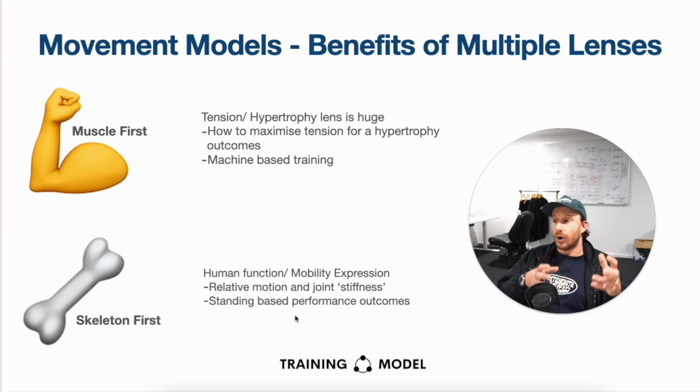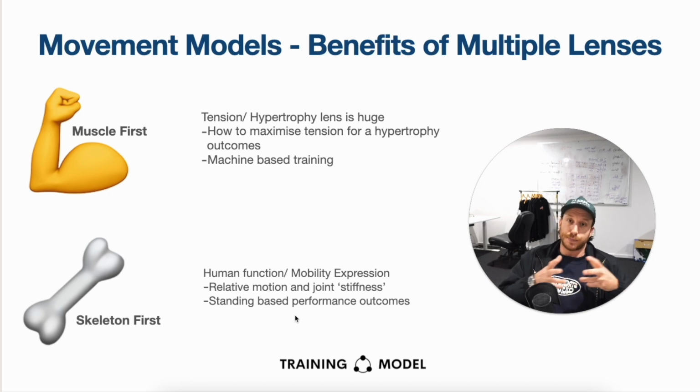So if we don't have a good understanding of firstly how the system deals with gravity and stands up and manages gravity just in standing unloaded positions, but then also how we progress that to exploring strength development, power development and speed development in the gym, then mobility expression within the gym, and then how we transition that into skill and sport specific or life specific outcomes.